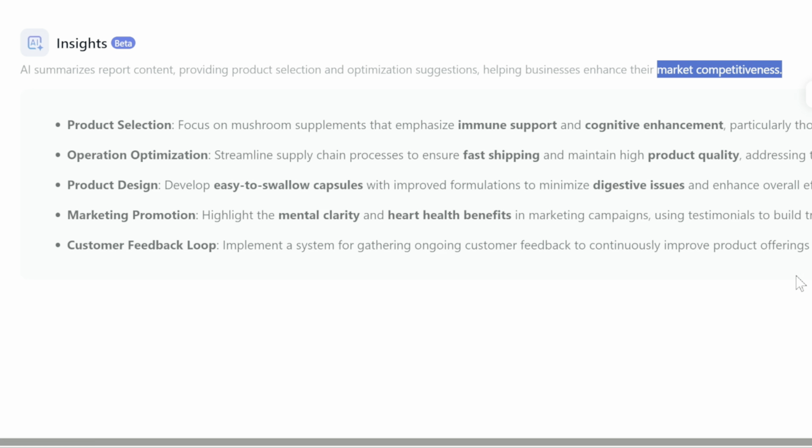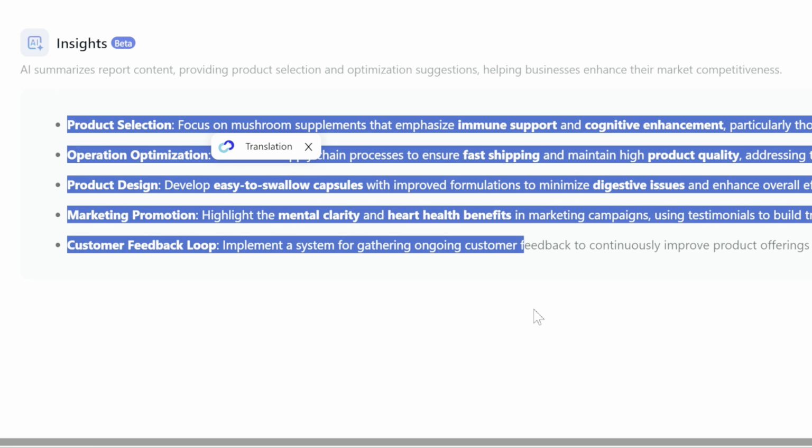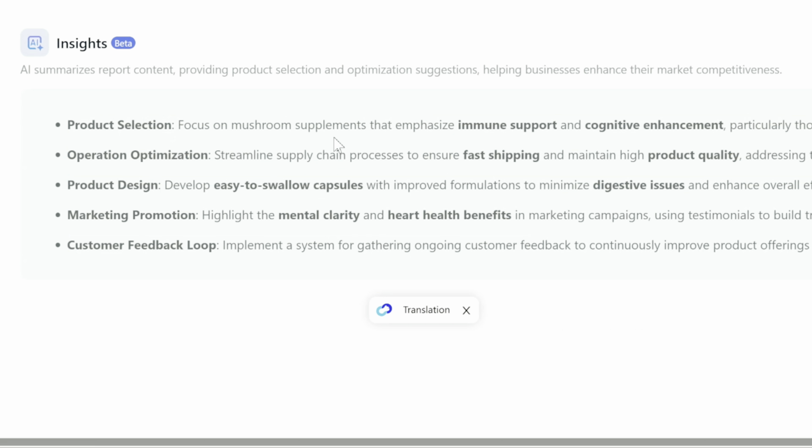So all aspects of your business are addressed. And this report tells you how to use all this data and implement it in your business, improve your product by focusing on mushroom supplements and address immune support. People want that.